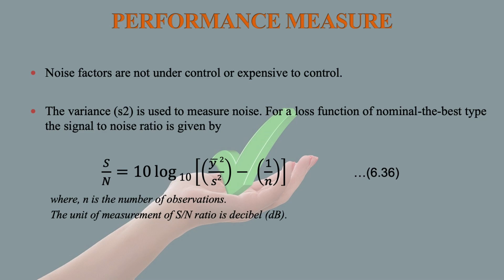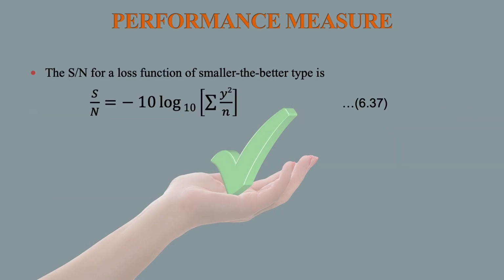is decibels. The signal to noise ratio for a loss function of smaller the better type is S by N is equal to minus 10 log 10 sigma y square by n.